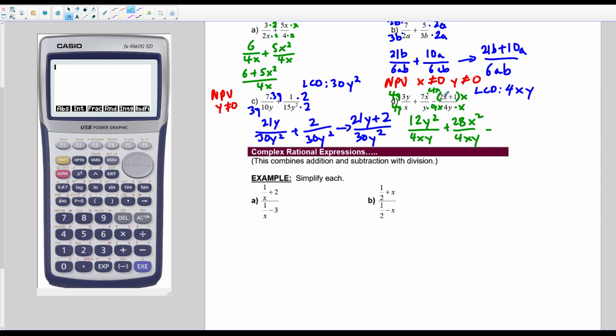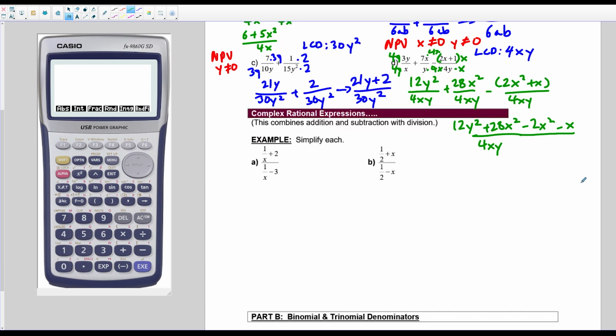So I'm going to subtract, after I multiply this x in, the 2x squared plus x, and that's over 4xy. And what this leaves me with, once I put everything all over 4xy, I'll have 12y squared plus 28x squared. I'm subtracting 2x squared, and I'm also subtracting an x up top.